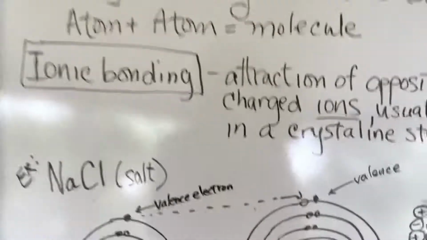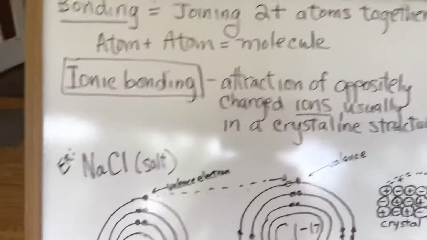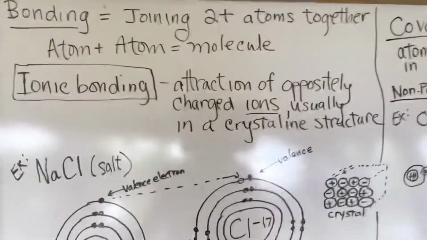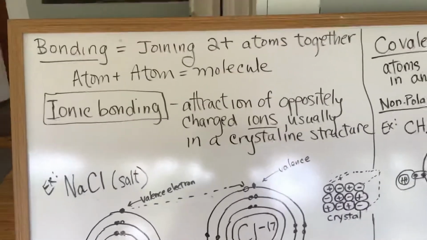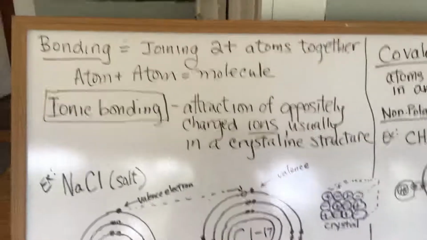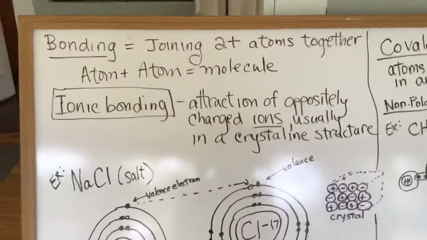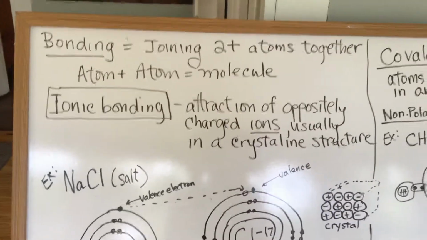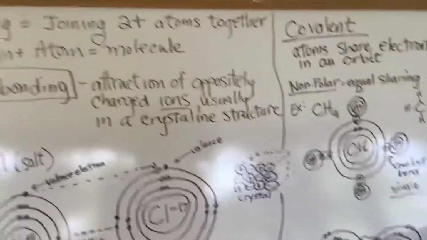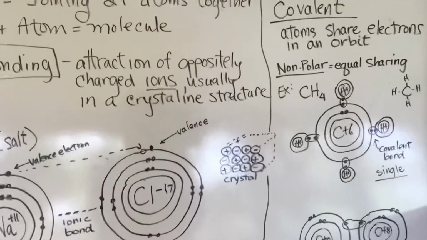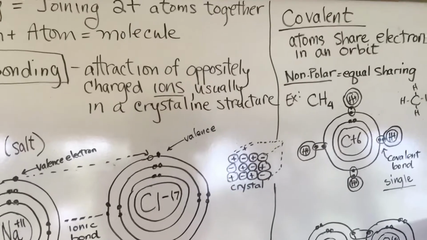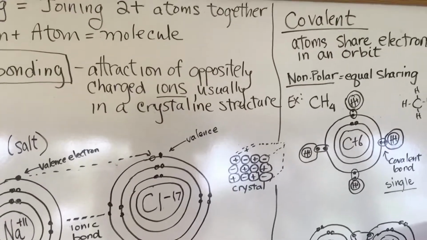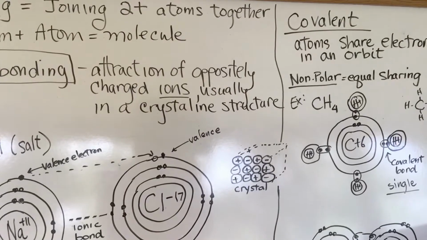All right. So we're going to go over the first kind of bonding. The first kind of bonding is ionic bonding. Ionic bonding is where you have attraction between oppositely charged ions, and usually that forms a crystalline structure where opposite charges alternate, positive, negative, in the structure, and it will build into a crystal.